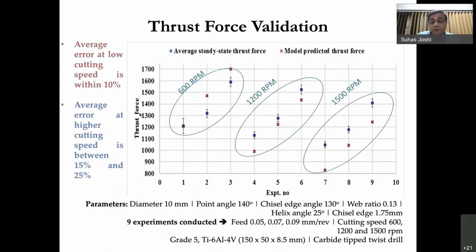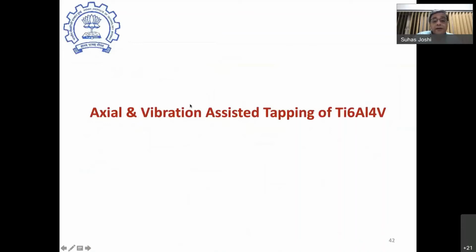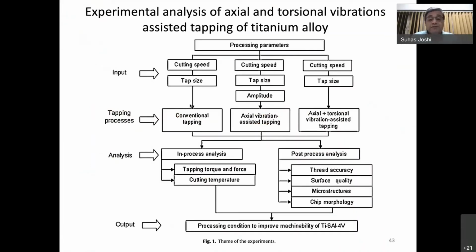Okay, I just want to go through one more example, a tapping example, and then maybe I'll stop with this example. Here we have done tapping on titanium, and during the tapping we added two kinds of vibrations.